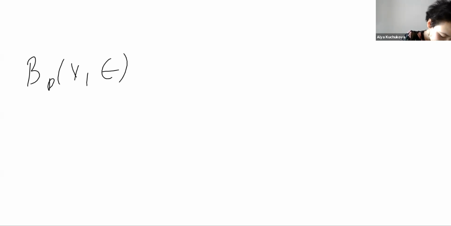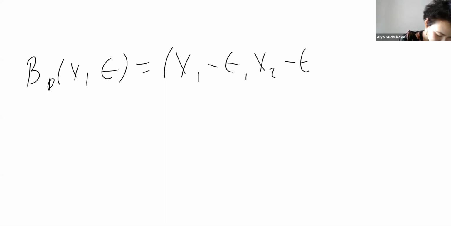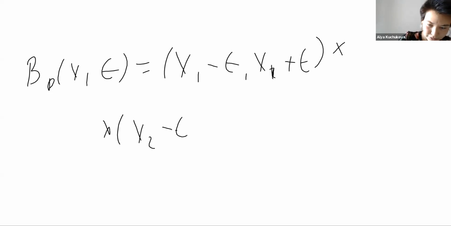But this is actually much easier. Why? Because the way it happens is B_P(x, epsilon) is actually equal to (x1 minus epsilon, x1 plus epsilon) times (x2 minus epsilon, x2 plus epsilon).